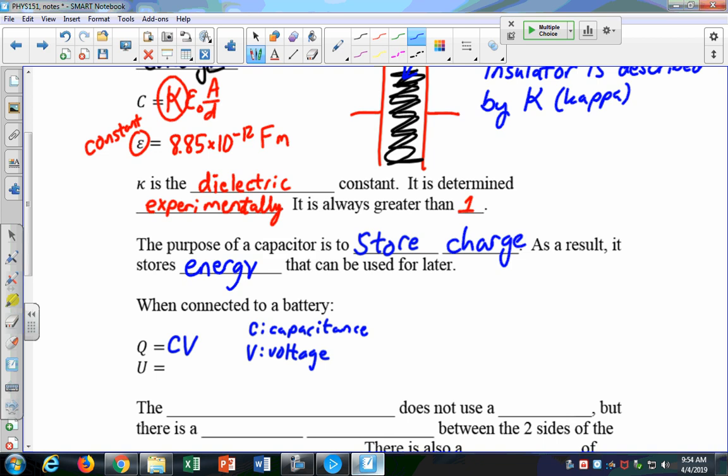And then U, what is U? You'll recall it is potential energy. And Q is charge.